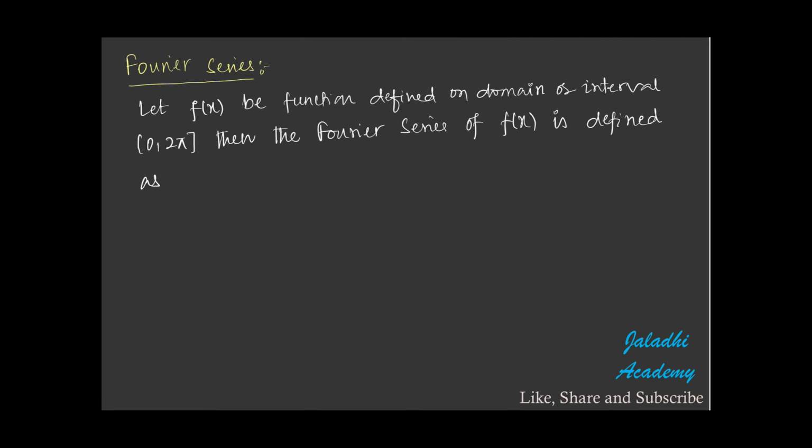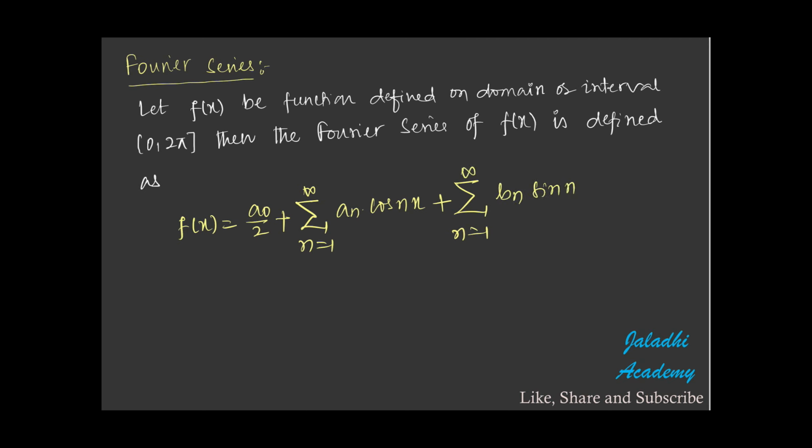So now f of x is equal to the Fourier series, which is given by a naught by 2 plus summation n runs from 1 to infinity a n into cos nx plus summation n runs from 1 to infinity bn into sin nx.